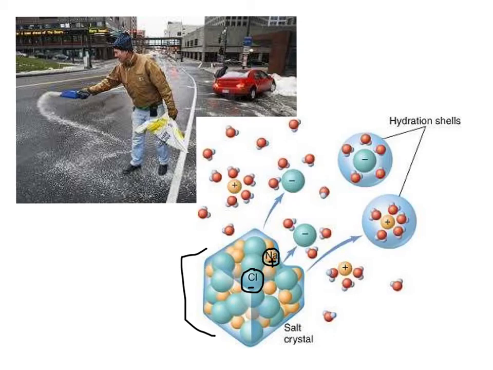Well, when water comes in contact with that, the water molecules adhere to these charged particles, as you can see in this diagram. The positively charged sodium attracts the negatively charged oxygen ends of the water molecules, whereas the negatively charged chlorine attracts the positively charged hydrogen ends of the water molecules.